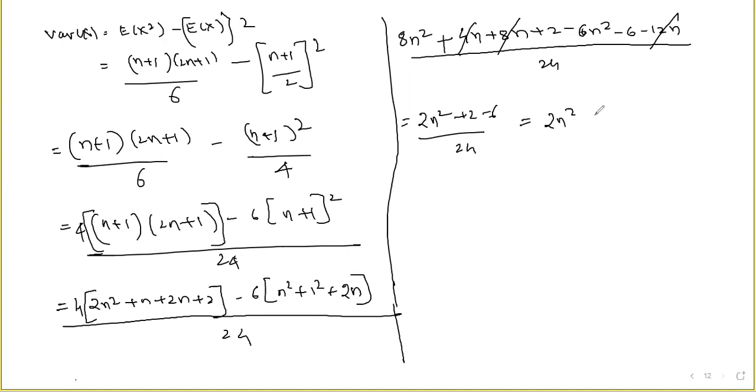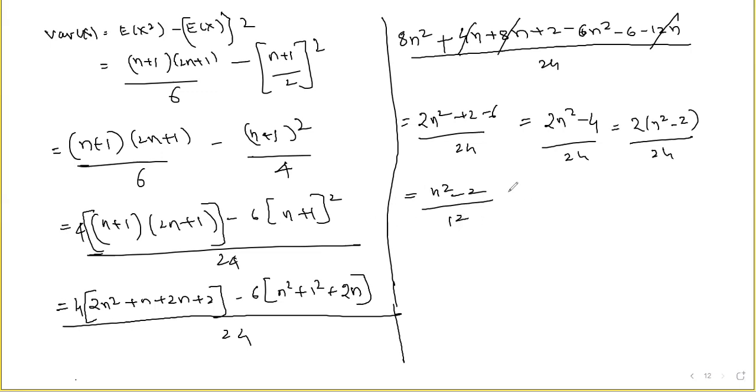This is 2n square minus 4 divided by 24. This is nothing but, when you take 2 common, 2 into n square minus 2, over 24. So this is nothing but n square minus 1 divided by 12. Right?